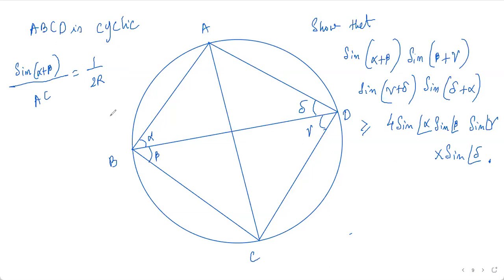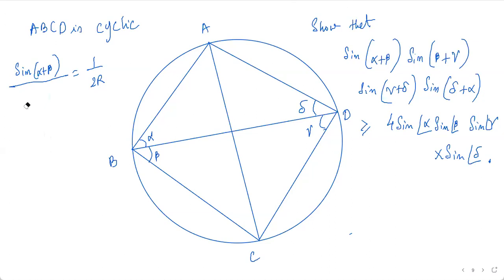And now here you see every triangle that you take has the same circumcircle because ABCD is concyclic, and that's why we have the same radius for every triangle, and that's going to connect us with all those sine of alpha plus beta, sine of beta plus gamma, and all those things.